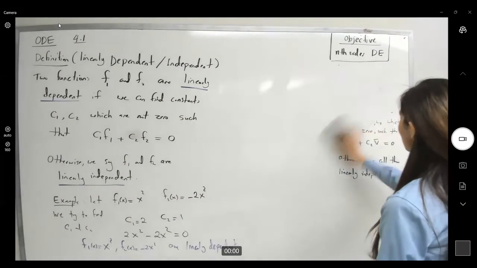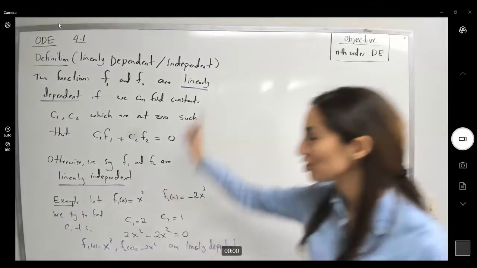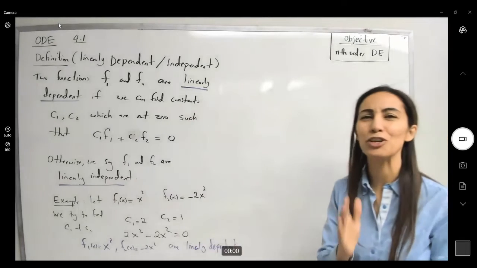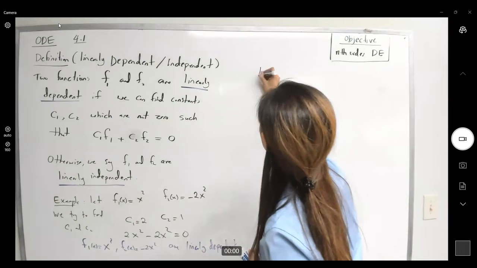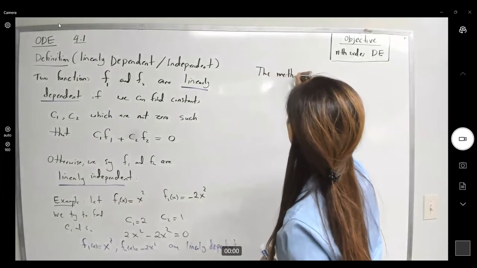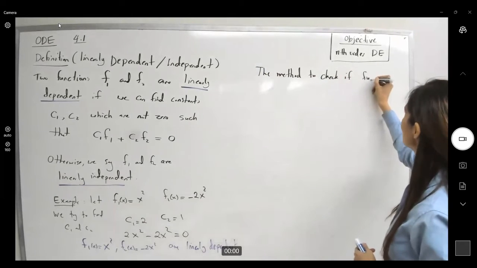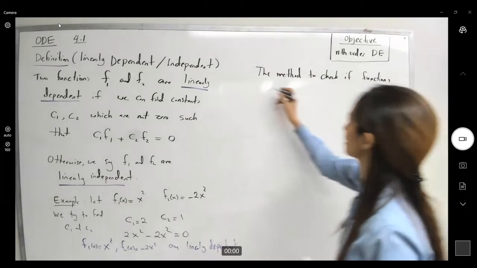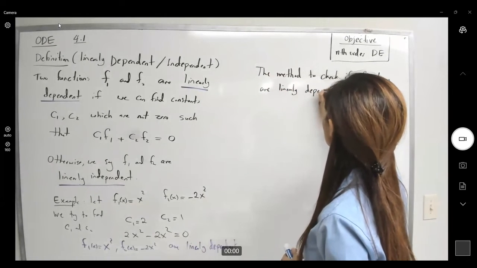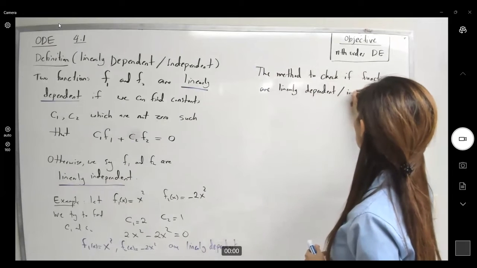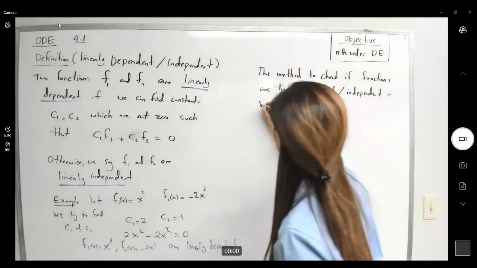So, again, Wronskian is used for the functions, and then we need the derivatives of the functions as well. So the method to check if functions are linearly dependent or independent is Wronskian.